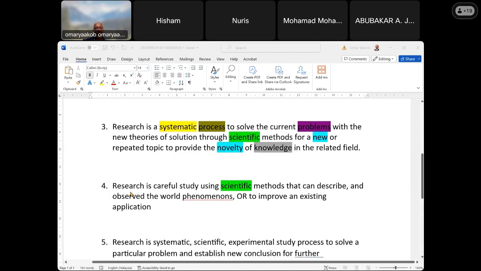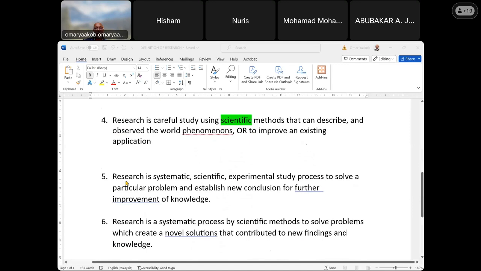And this one: research is a careful study using scientific methods that can describe and observe the world phenomena or improve an existing application. Number 5: research is systematic scientific experimental study process to solve a particular problem, establish new conclusion for further improvement of knowledge. And number 6: research is systematic process by scientific method to solve problem which create a novel solution that contribute new findings and knowledge.